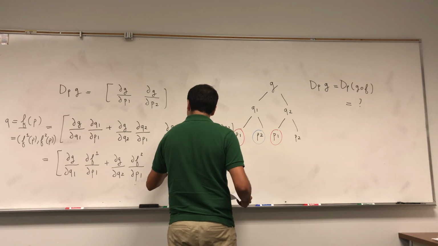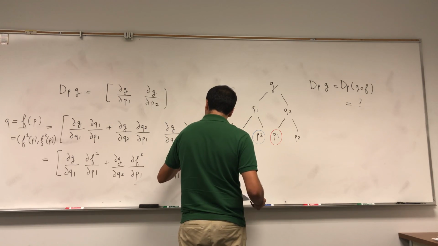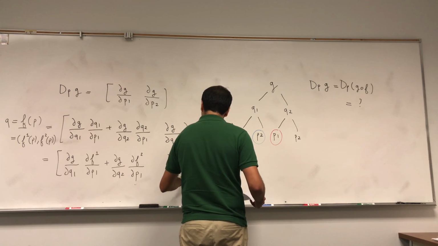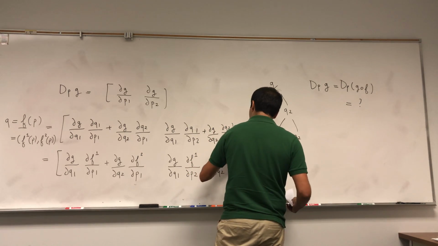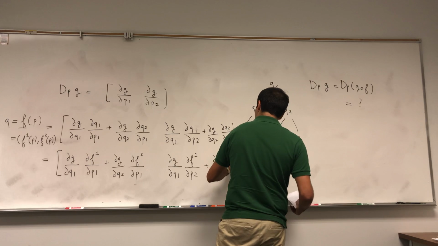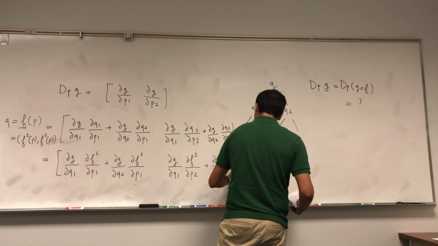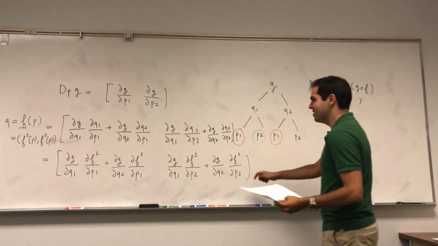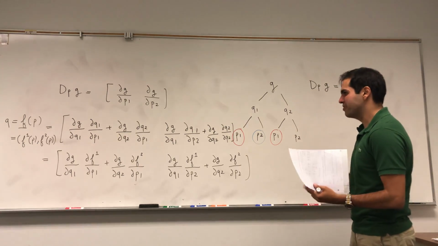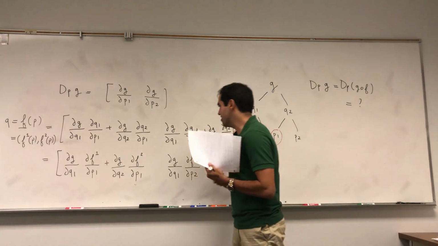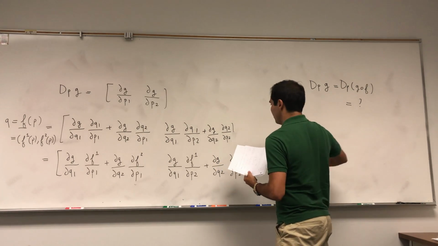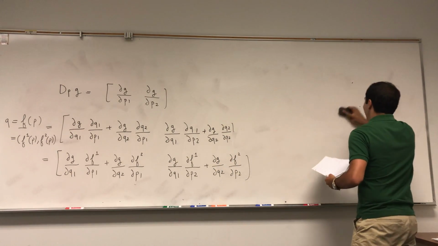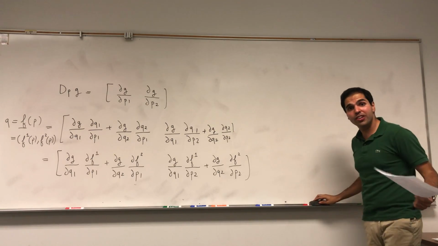And then the other entry becomes dg over dq1, df1 over dp2 plus dg over dq2, df2 over dp2. I'm writing it this way because for variables I use subscripts, and for component functions I use superscripts. I'm not going to square or anything, don't worry. Okay, and so this is the form you usually use.